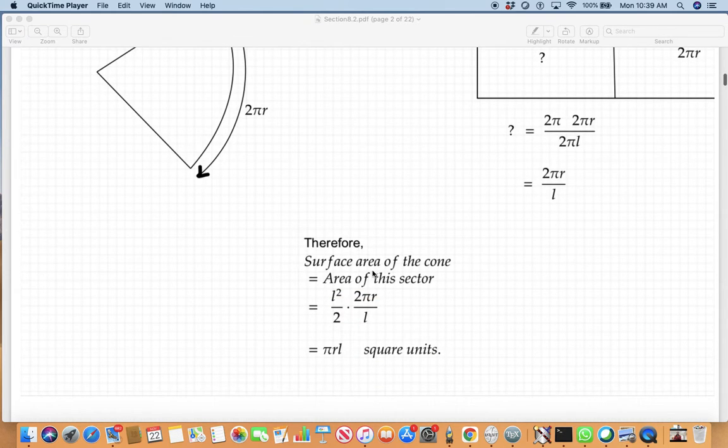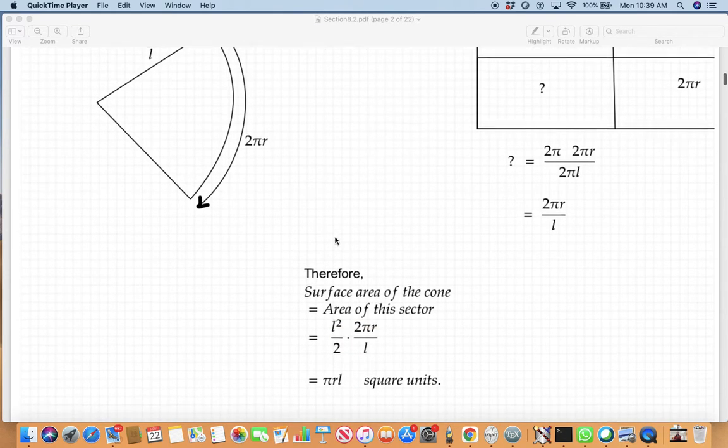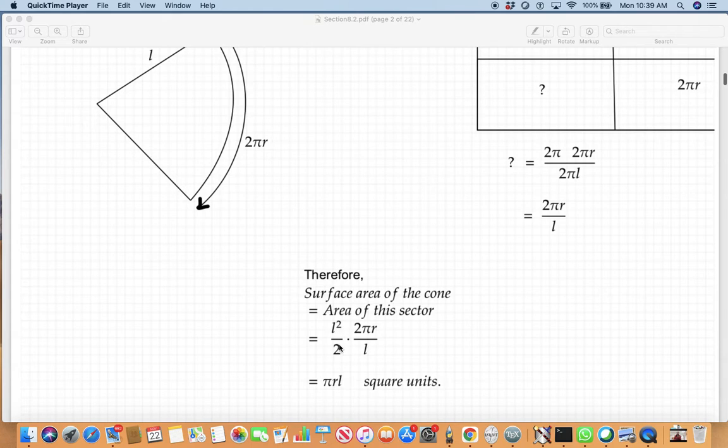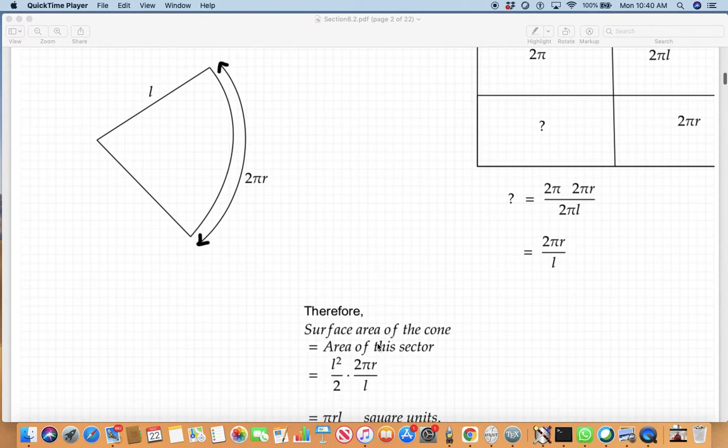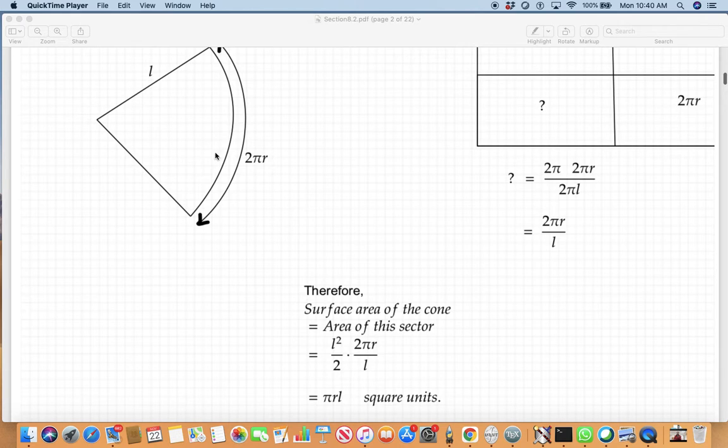So what is the surface area of the cone, which is the area of the sector? It is radius squared over 2 times angle. Simplifying, you get pi r L, square units. So that is the surface area of the cone as it is the area of the sector.